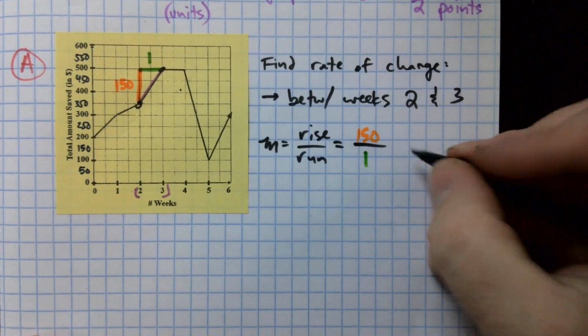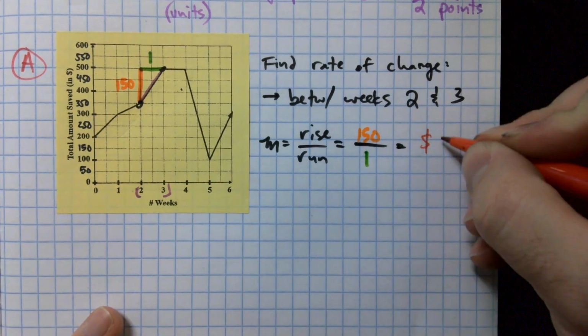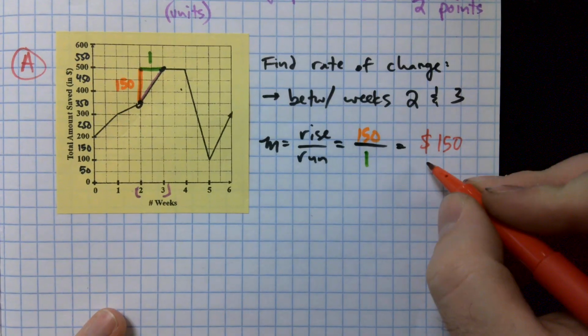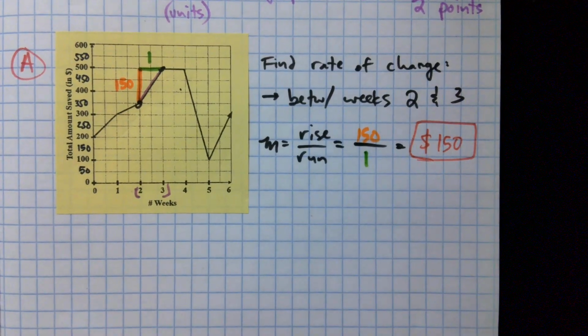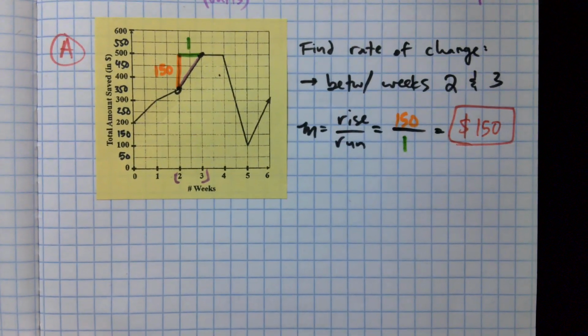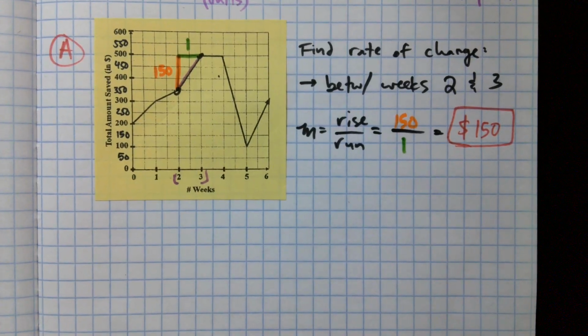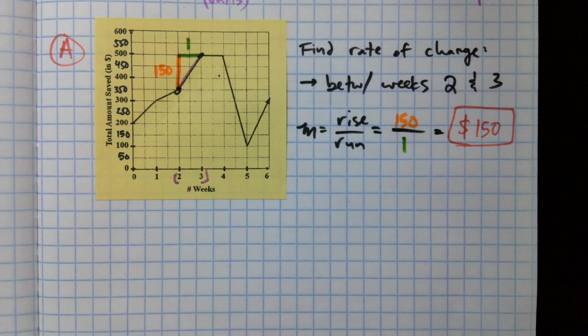What is 150 over 1? 150 what? Dollars. When I have a context to my question, I need to have a context on my answer. So between weeks 2 and 3, my rate of change, $150. That means my bank account changed at a rate of plus 150. All that means is I added $150, right?